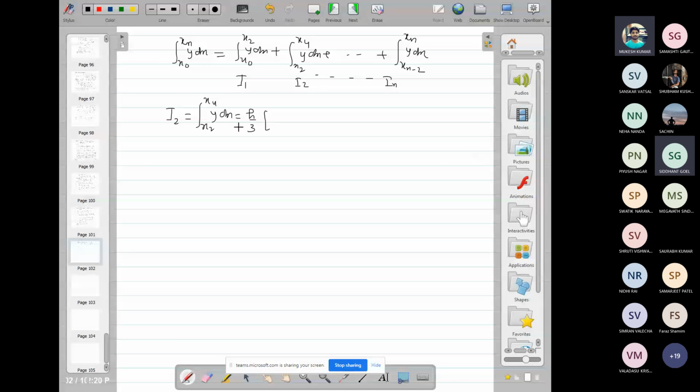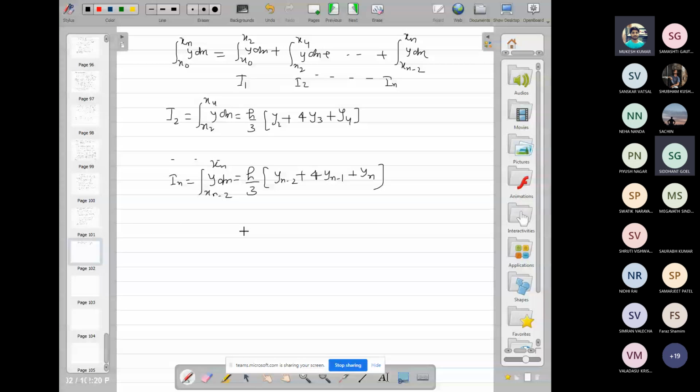Adding these, we have finally the integral from x0 to xn of y dx equal to h by 3 common. You see, I1 is h by 3 times y0 plus 4y1 plus y2.